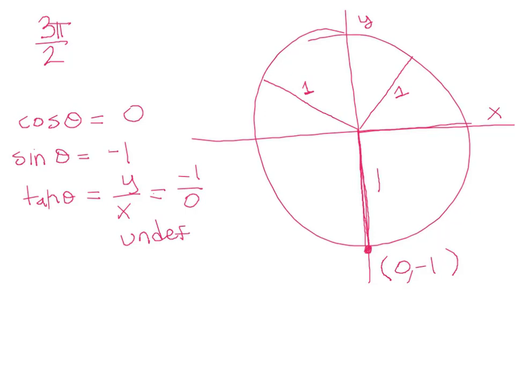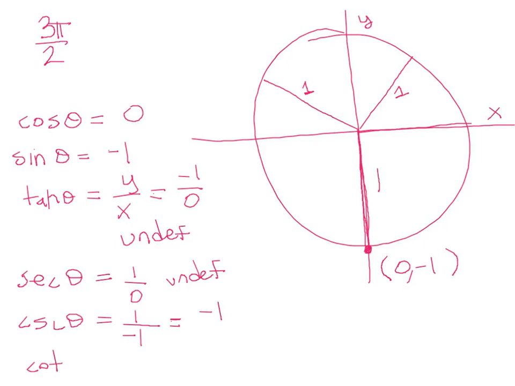And then the secant is equal to 1 over cosine, which is 1 over 0, undefined. The cosecant is equal to 1 over sine, which is equal to -1. And the cotangent is equal to x over y, which is 0 over -1, which is 0, so it is defined. Okay? Good?